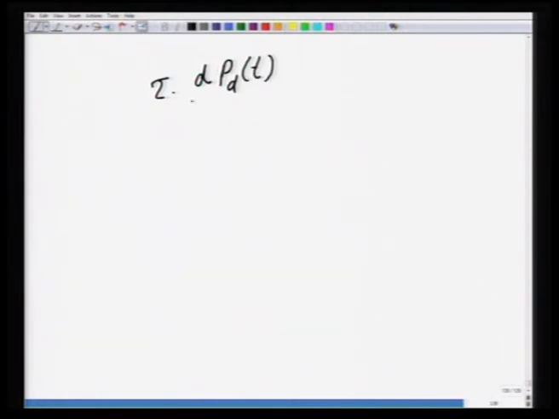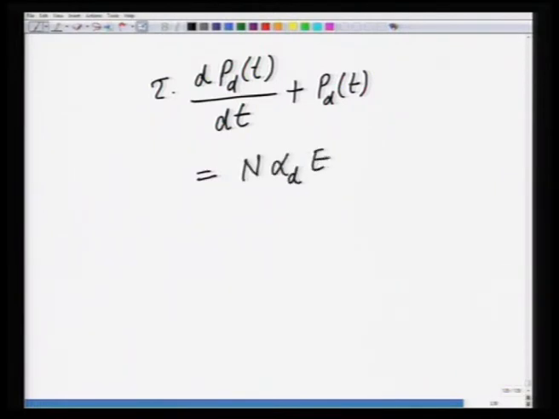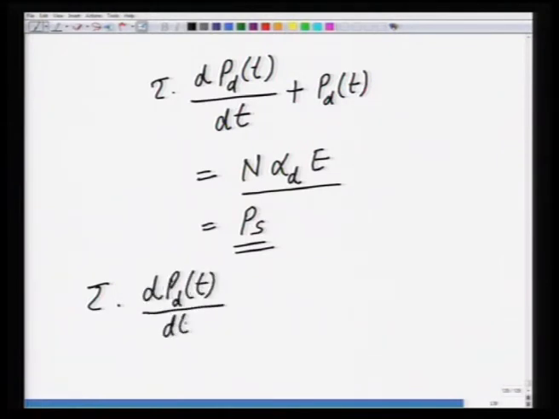We can write this equation as tau dP by dt plus P, and this P is nothing but Pd, is equal to N alpha d E, which will be equal to Ps, the saturation polarization. So what you have come across now is tau dPd(t)/dt plus Pd(t) is equal to Ps.